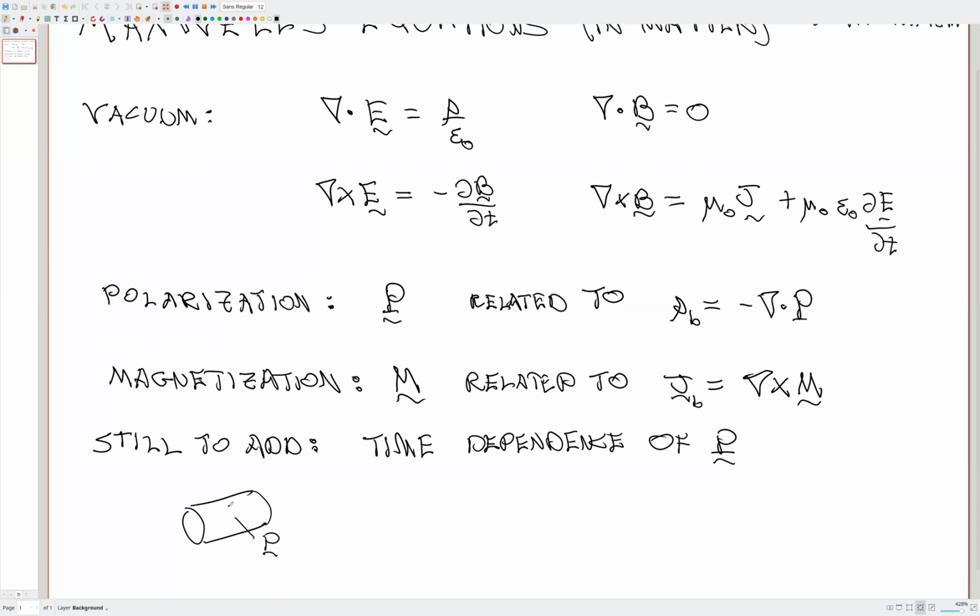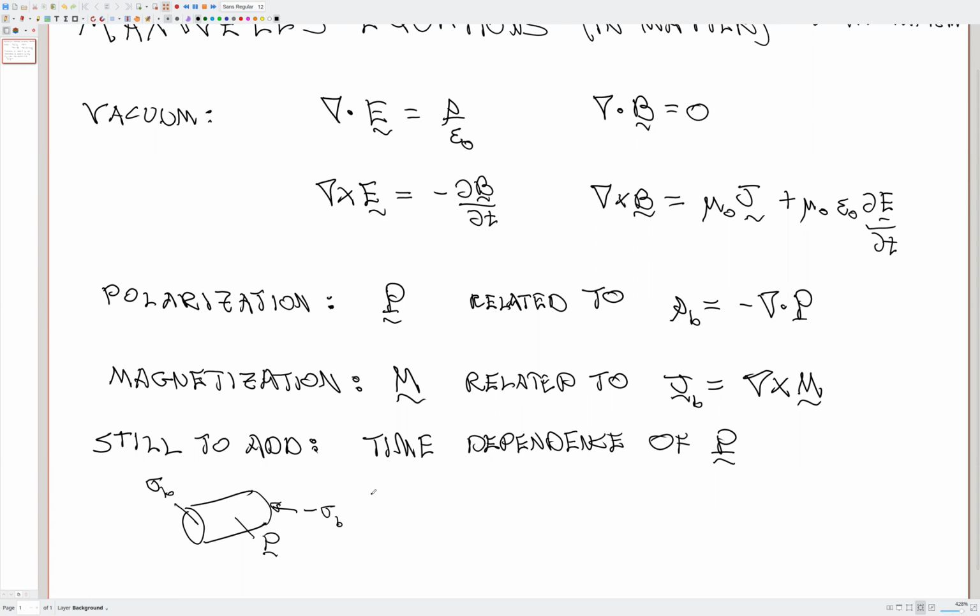Because of this polarization in the bulk, I would have here a little sigma bound, and on the other side I'd have minus sigma bound. You remember that thing? I start with the uniform thing, and I'm just moving the positive charges a little bit up, the negative charges a little bit down. That's equivalent to having a bulk polarization, which is equivalent to having a positive charge on one surface and a negative charge on the other surface. So that's the setup that we had discussed.